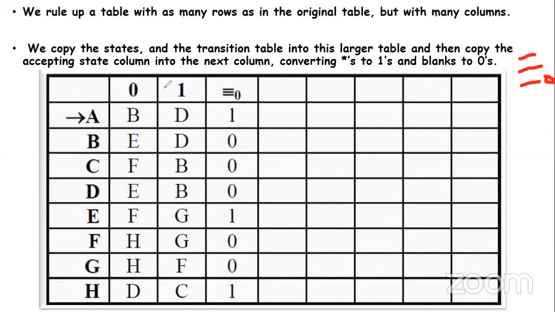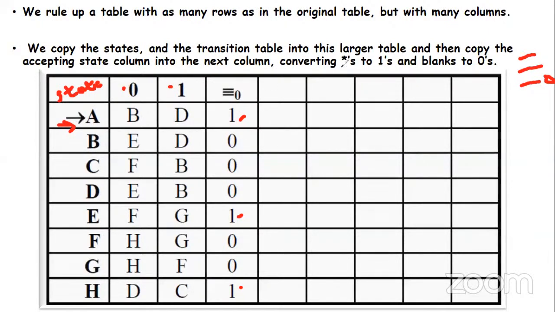These are the inputs. These are the states, and this is the initial state. These are all the states, 8 states. Then accepting states, accepting states, accepting states. So this is the initial state, and this is the zeroth equivalence.